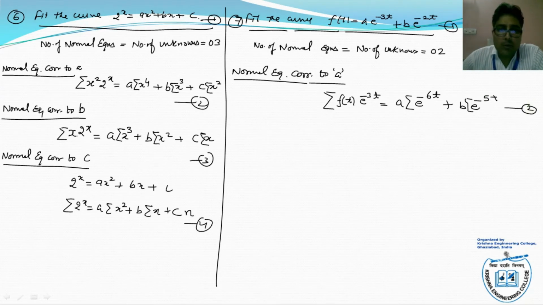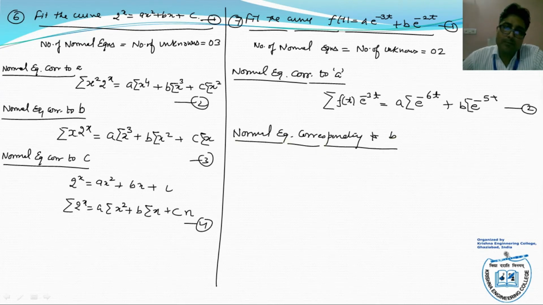Now find the normal equation corresponding to unknown B. Multiplying. Since the coefficient of B is e to the power minus 2t, multiplying the whole equation by e to the power minus 2t and then take the summation.